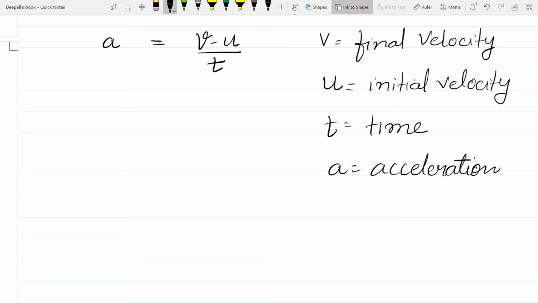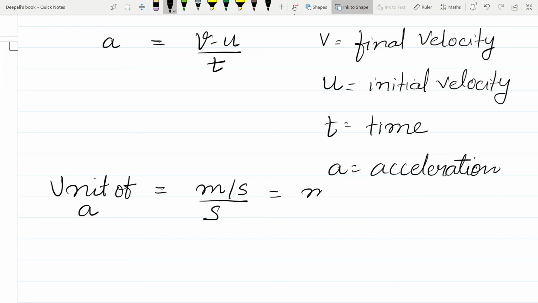And the unit of acceleration is meter per second upon second, as the unit of velocity is meter per second and the unit of time is second. So the unit will be meter per second square.